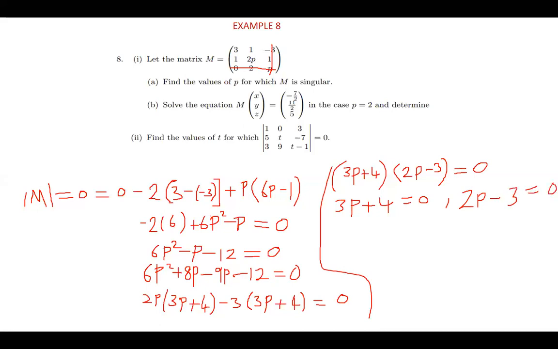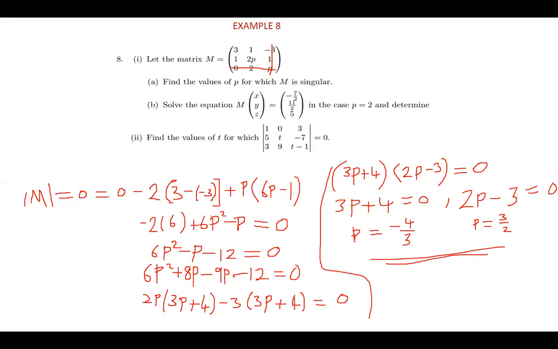So when you equate these to 0, you're going to have your p here being equal to negative 4 over 3. And then your p here will be equal to positive 3 over 2. So these are the values of p that we were asked to find.